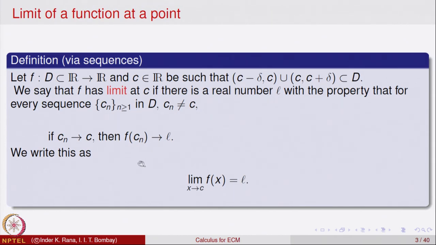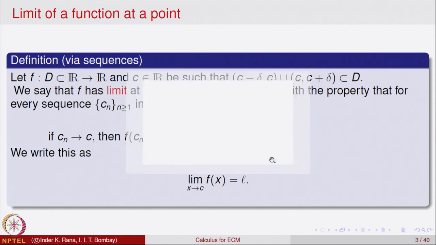So, the important thing is that for every sequence C n in the domain converging to the point C, f of C n must converge to the same limit L. Then L is called the limit of the function at the point C and is denoted by this.